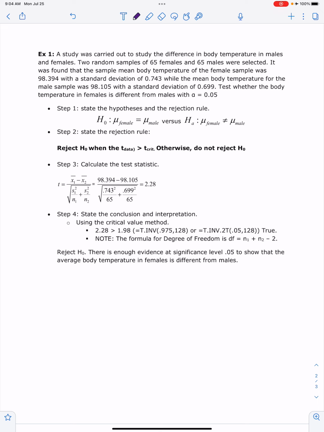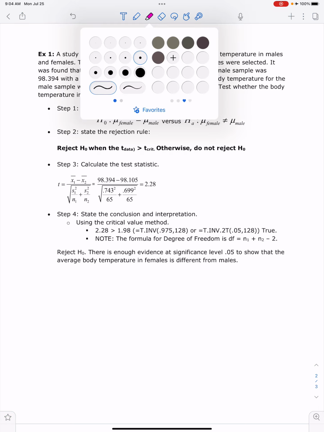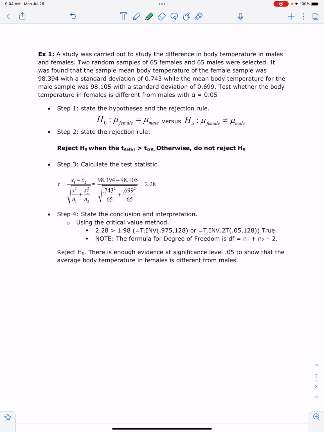And I changed part, but not all. So we are going to study the difference in body temperatures in males and females. We've got 2 random samples of 65 females and 65 males. So I'm going to make sure I get all the female data in green here. It was found that the sample mean body temperature of the female sample was 98.394 with a sample standard deviation of 0.743.